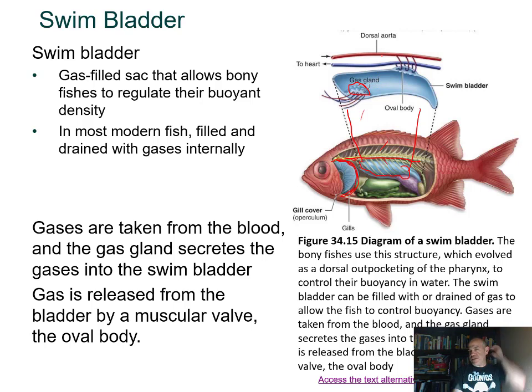And the more gas you put in there, the more buoyant you become. Buoyancy is the ability to float in a fluid. And they're able to move and change their levels based on that. And then they're able to remove it from the swim bladder slowly and get it back into the blood. So that's their adaptation, and they don't have to keep swimming.